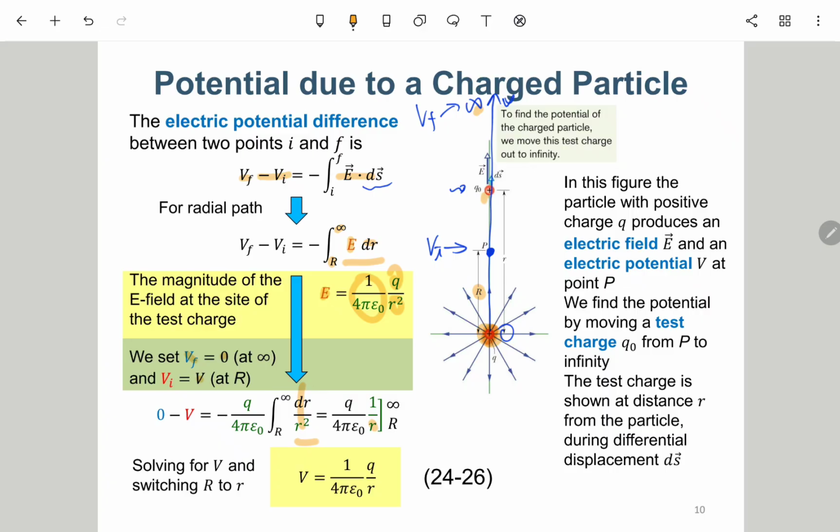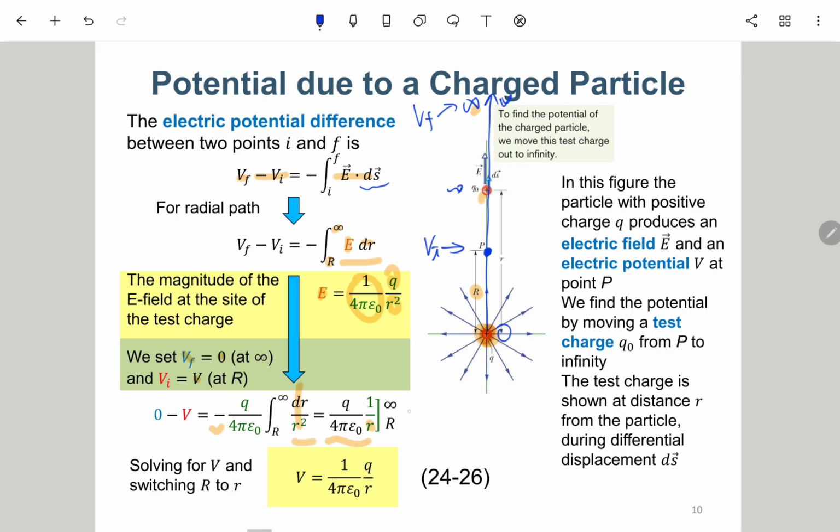We need to divide by negative 1, so this negative 1 and this negative sign turn out to be a positive 1. So we have a positive Q over 4 pi epsilon naught times 1 over r evaluated from capital R to infinity. Substituting, it becomes Q over 4 pi epsilon naught times (1 over infinity minus 1 over R).